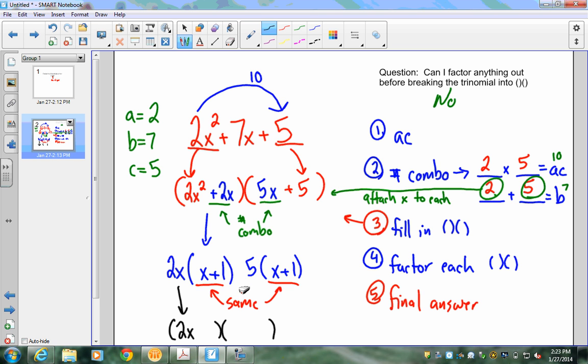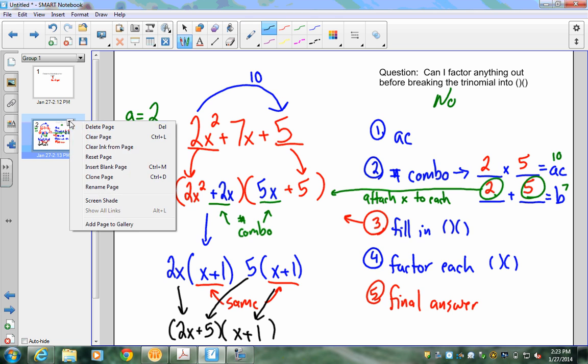So a 2x goes there, a 5 goes here. There's my plus. And then I'm going to take one of these parentheses that are exactly the same and put it right there. So I'm just going to drop this parenthesis right there. And that's my final answer. I'm sure you're probably going to want to see another one. So let's try another one.